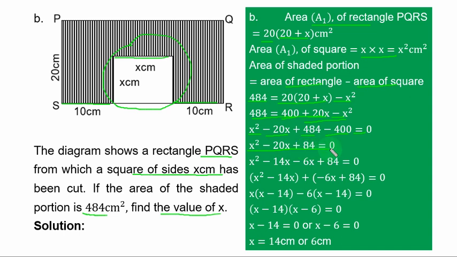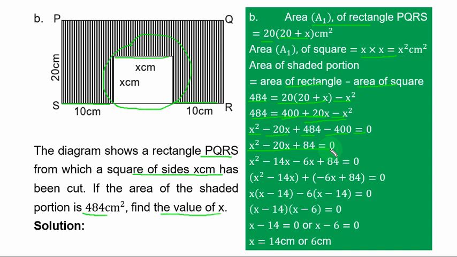We need to factorize. To factorize, you look for two factors of 84 whose sum is minus 20. Since the coefficient of s squared is 1, you get two factors of the constant term 84 whose sum is the middle term minus 20s and the product is 84.